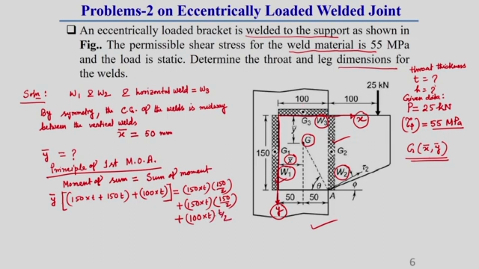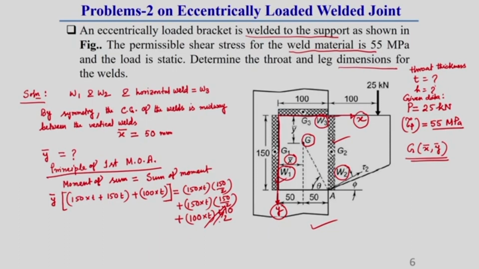This third term, the horizontal weld, has a term with T square. That is why we are neglecting this third term, because compared to the other two it is negligible.